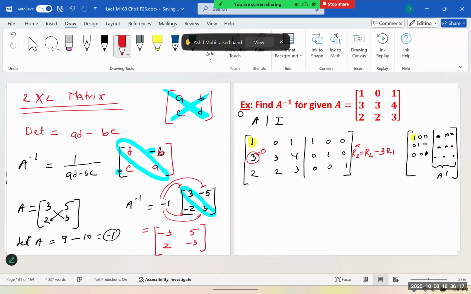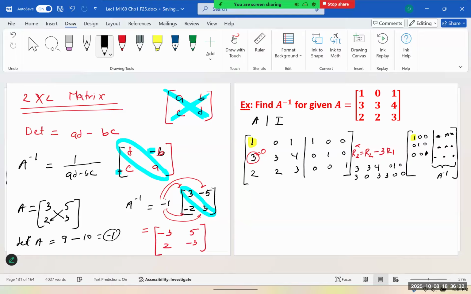Perfect. 3R1. So if you want to see, we have 3 3 4 0 1 0, and 3 times R1, which is 3 0 3 3 0 0. Changing the sign will change everything.